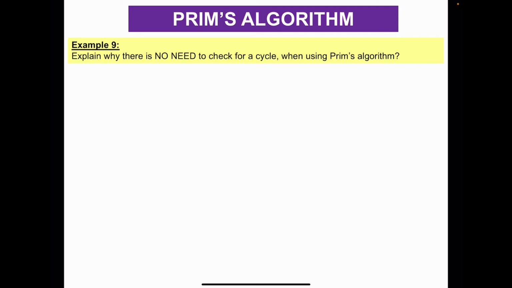That's why a cycle cannot be created, because the vertex you are adding is not in the tree. And that's the reason why there is no need to check for cycles in Prim's algorithm. So I'll just write down what has been said. In Prim's algorithm, the nearest vertex.